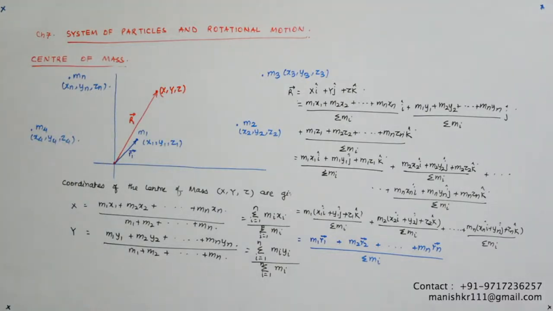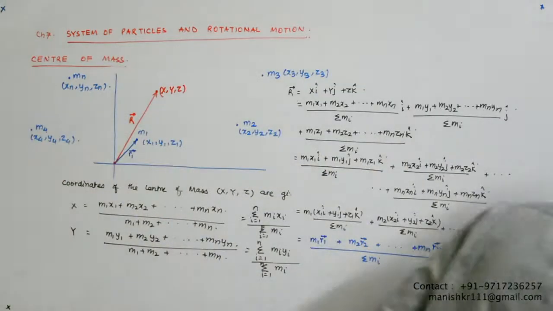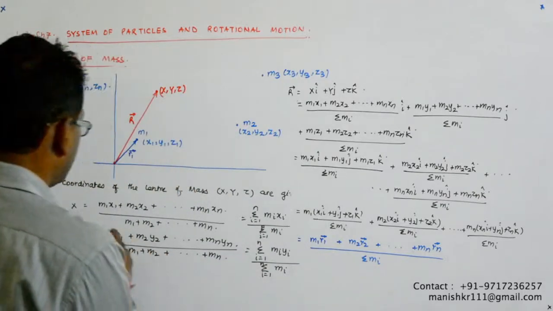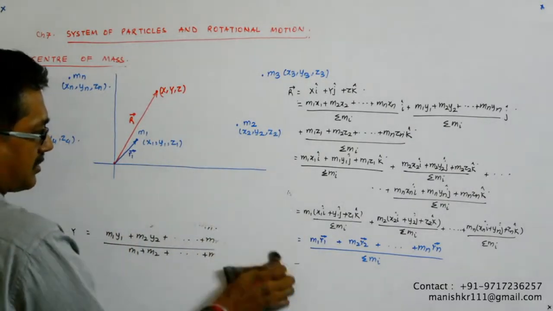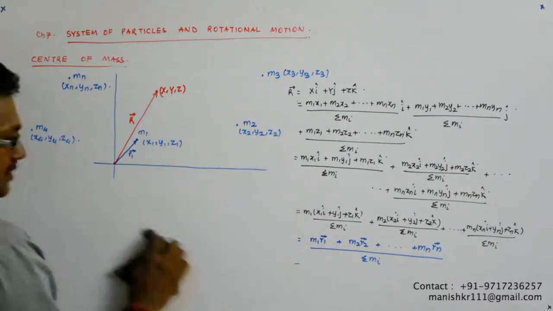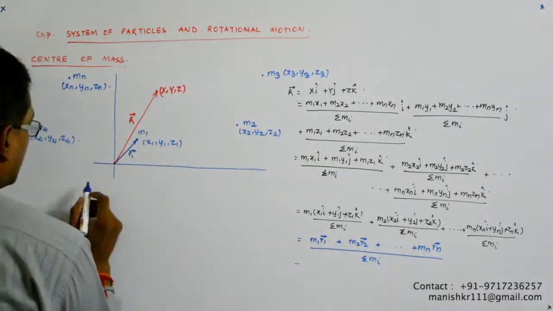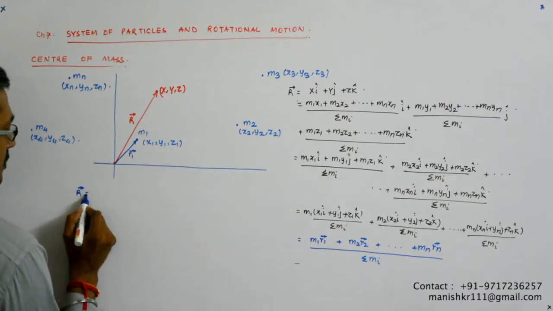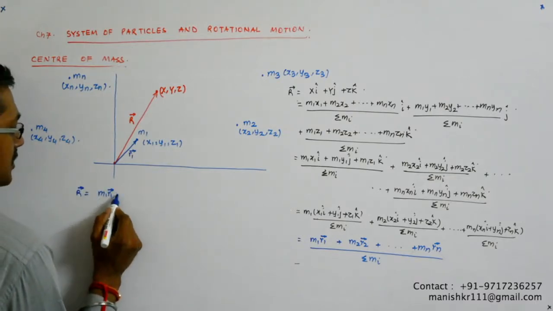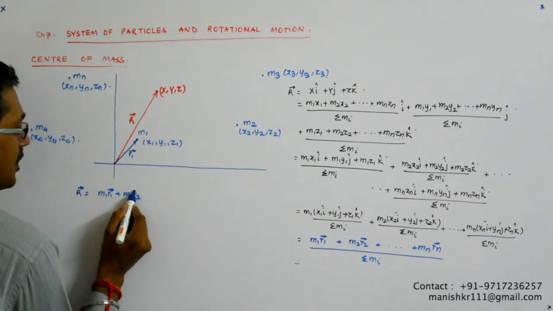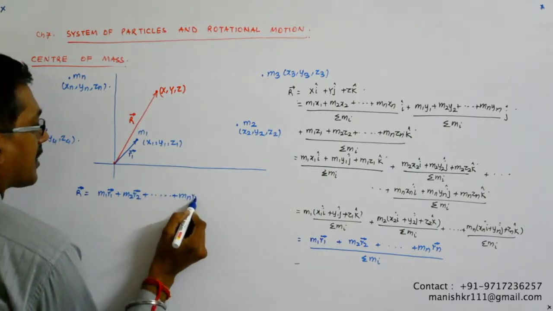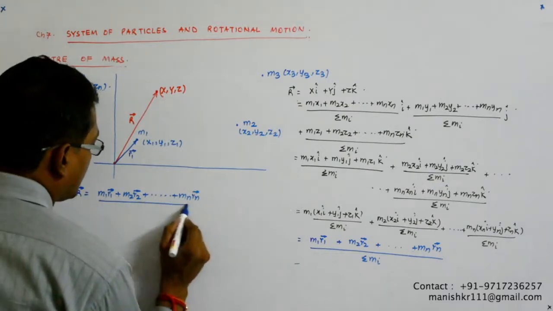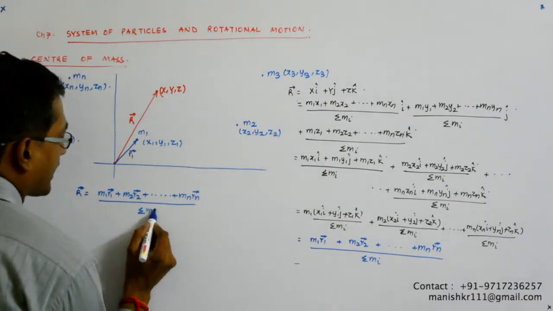So eventually I get R equal to m1 r1 plus m2 r2 plus mn rn upon summation mi.